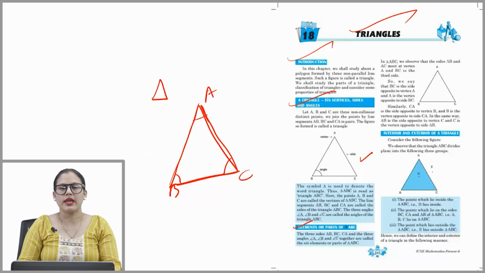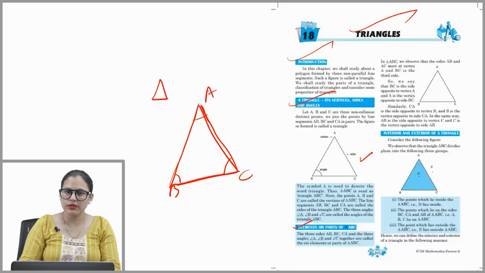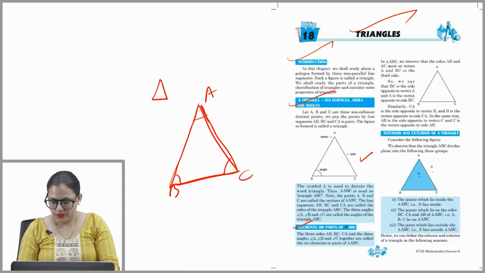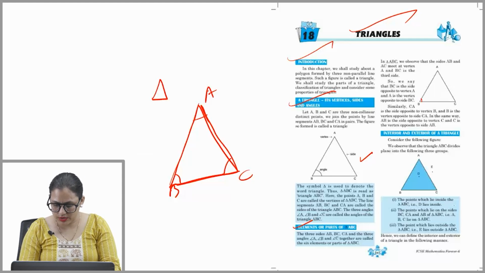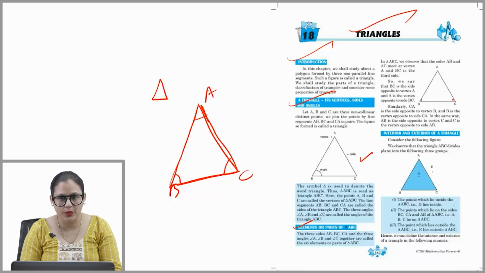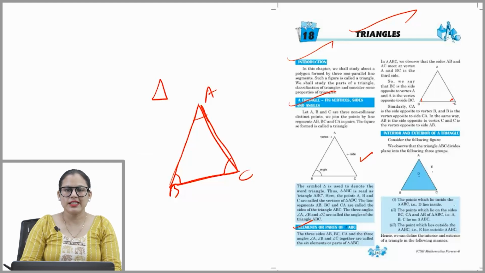In the same way, AB is the side opposite to vertex C and C is the vertex opposite to side AB, right? See, B is opposite to the side AC, okay, and AB is the opposite side of vertex C and C is the vertex opposite to AB, right?